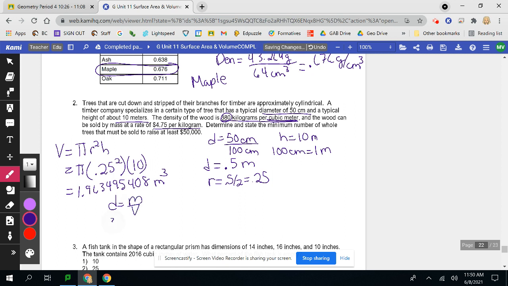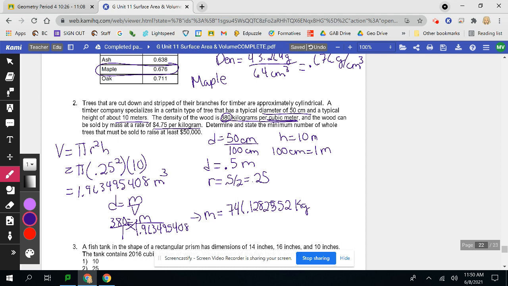Our density is 380, our mass is what we're looking for, and we have our volume, 1.963495408. To solve that, I cross multiply because 380 is over 1. So I get mass equals 380 times that number, which gives me a mass of 746.1282552 kilograms.